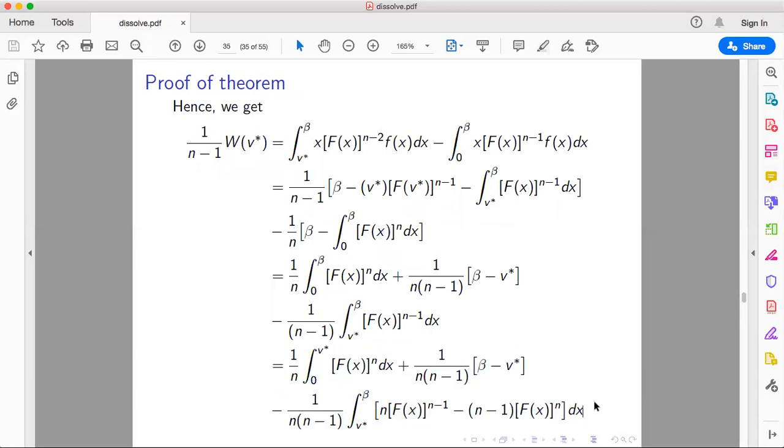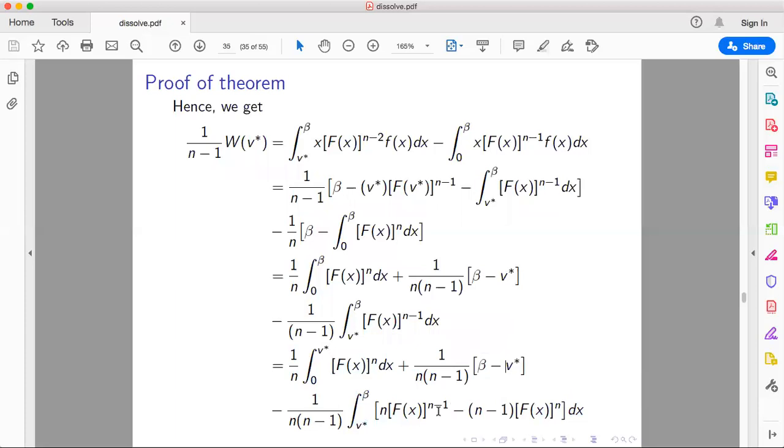Once you get an expression like this, this part is always non-negative, and this part has this term in common. So if you can show that beta minus V star is greater than or equal to this, then you're done.